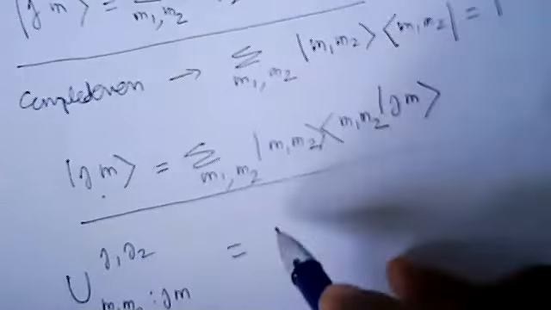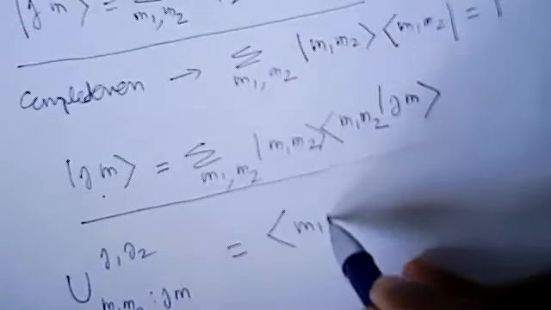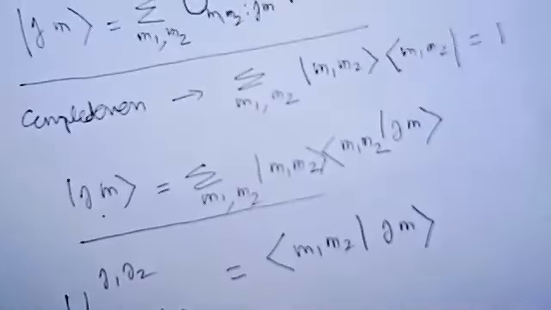Simply comparing these two results, we can write U J1, J2, M1, M2, Jm is, U is this quantity. What is that? M1, M2, Jm. Is that clear?